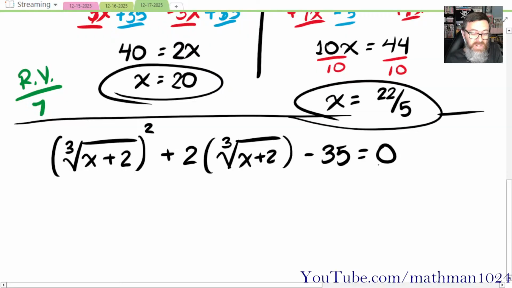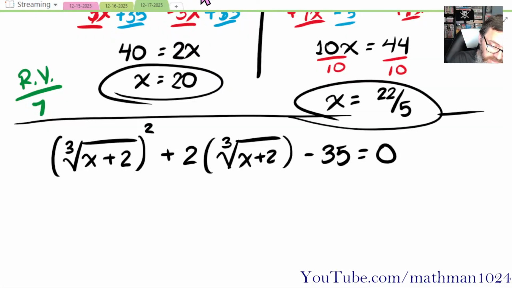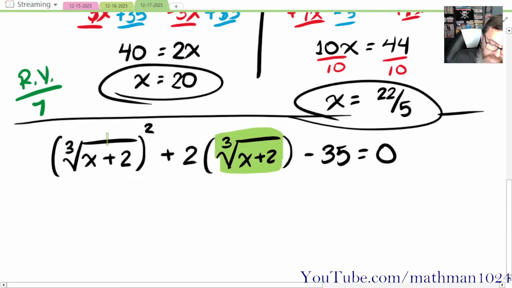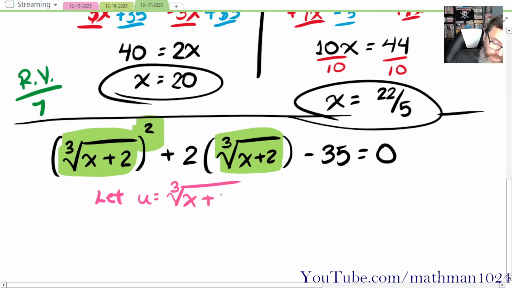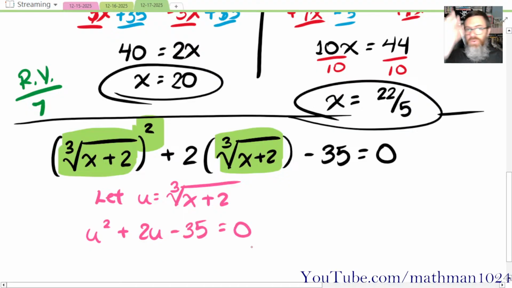You'll see that that's very similar to what we just did. You have the cube root, and then you have the cube root with double the power. So if you let u represent that cube root expression, then this becomes u squared plus 2u minus 35 equals 0, and you're going to proceed the same way.